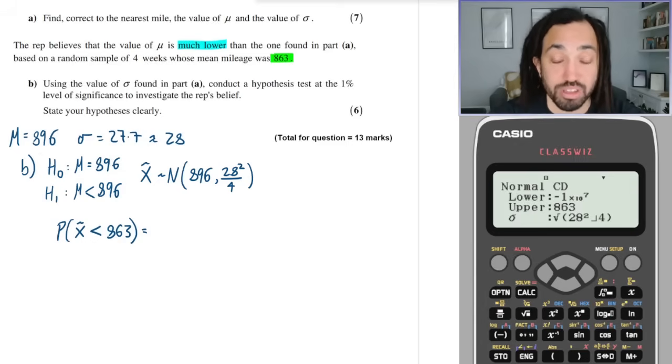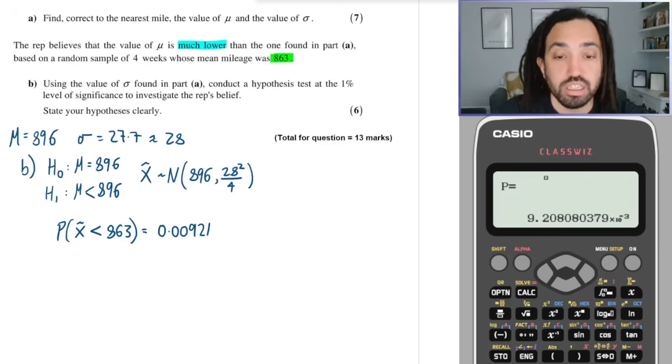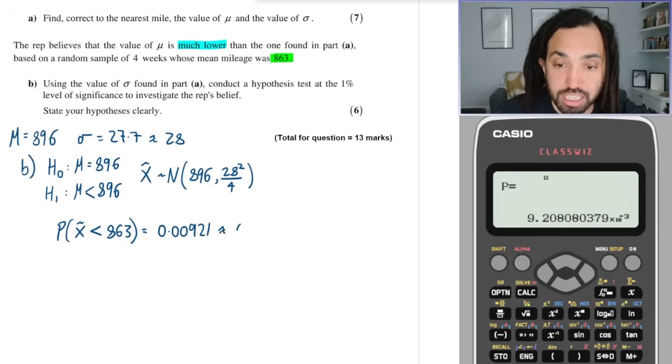Perfect, because remember it's the variance inside that distribution, so we need to take the square root of it. And mu we said was 896. Okay, great, that is a small number. That is 0.00921, which is approximately 0.9%.